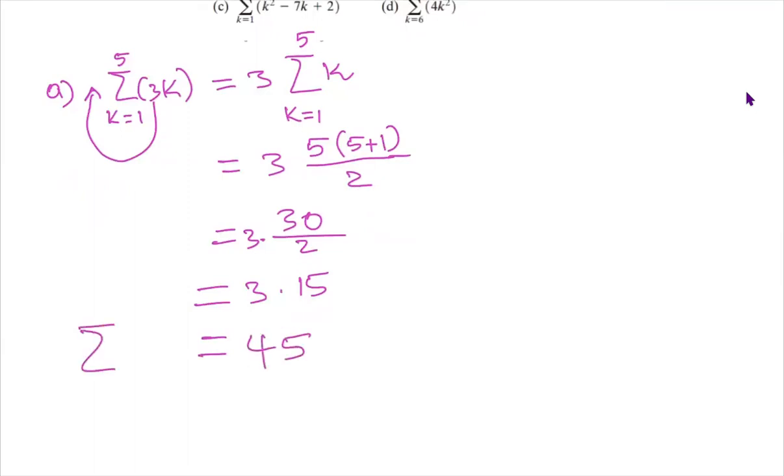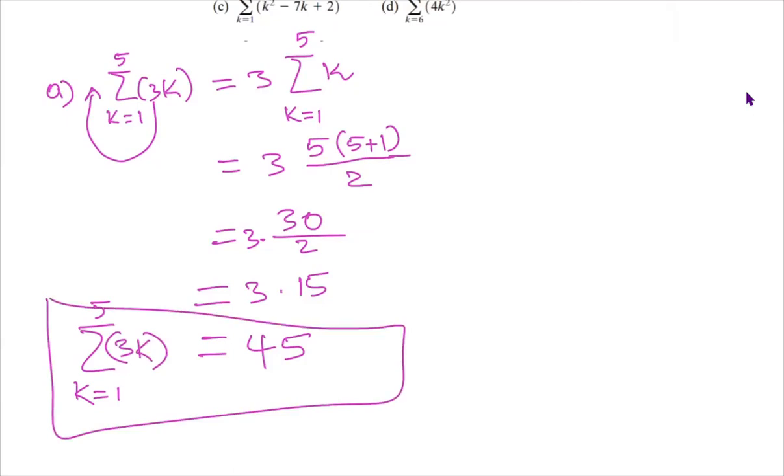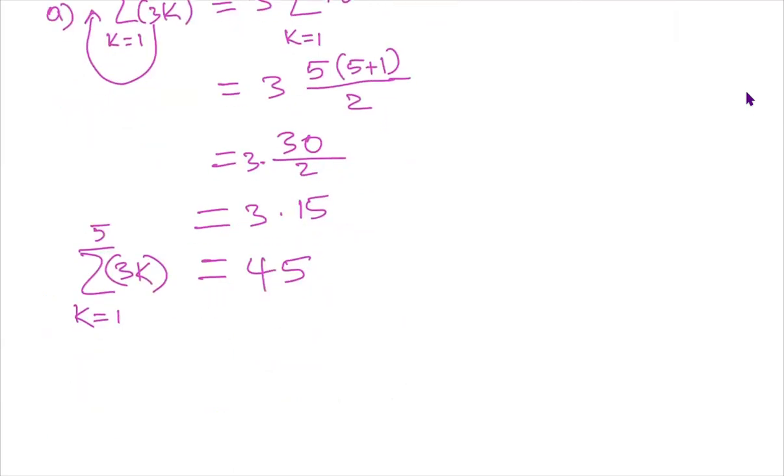So the summation for k from 1 to 5 of 3k is 45.